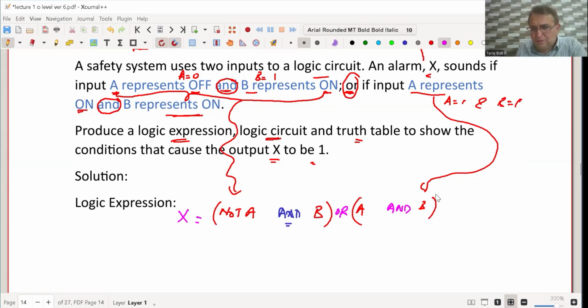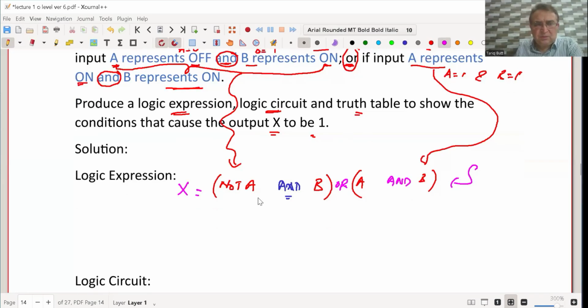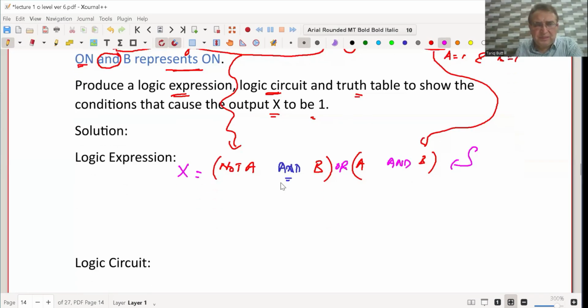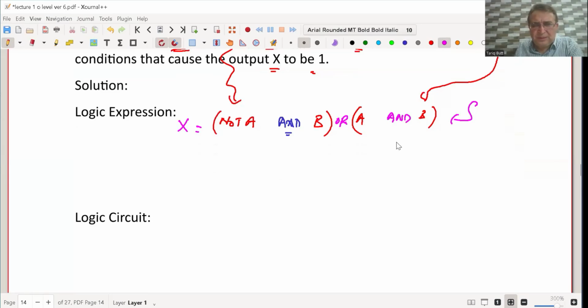And you may see that I had chosen, even in the problem statement, the same logic expression as we had seen in the previous examples. The next thing is to build the logic circuit from here. That is fairly simple. You can do it. Okay.